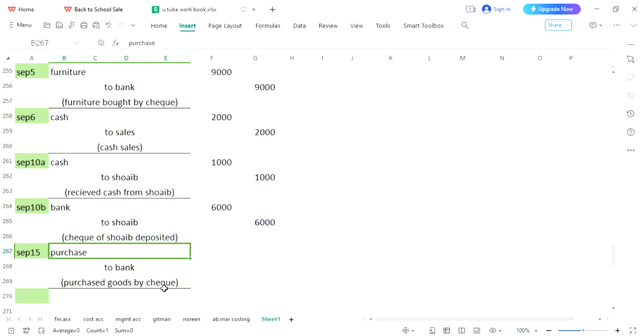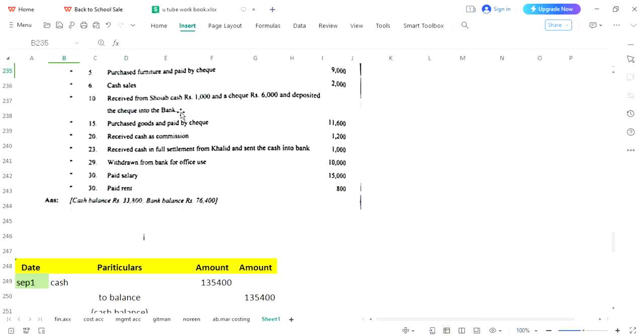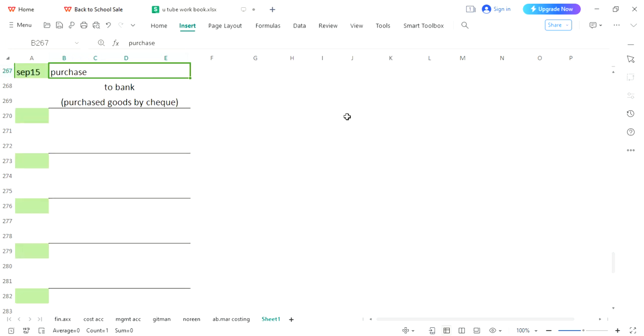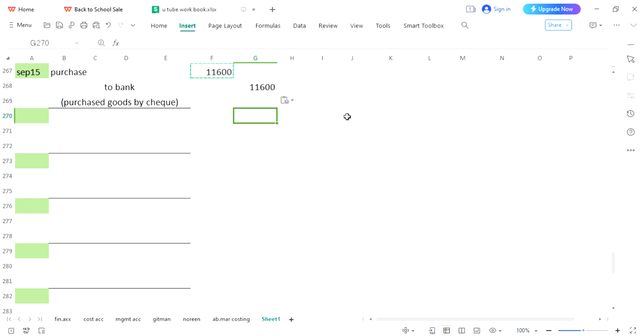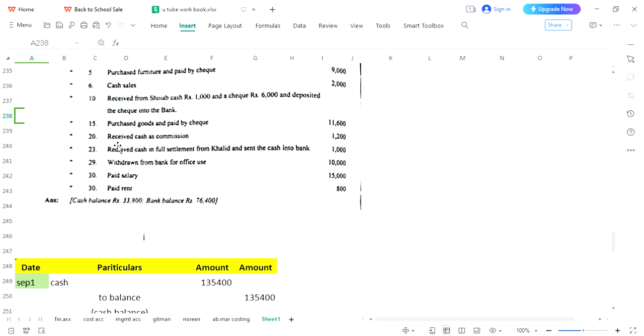This was September 15, and amount present in September 15 was 11,600. So you will post 11,600 on debit side, and same amount you are supposed to write on credit side. September 15th entry has been completed.